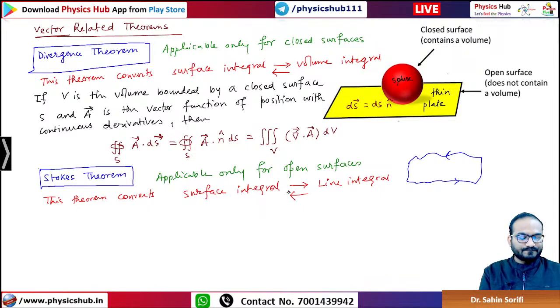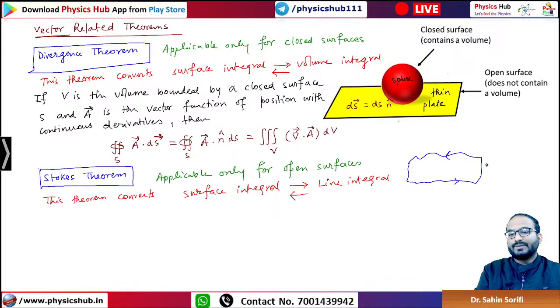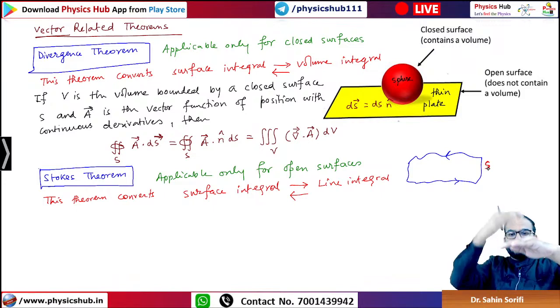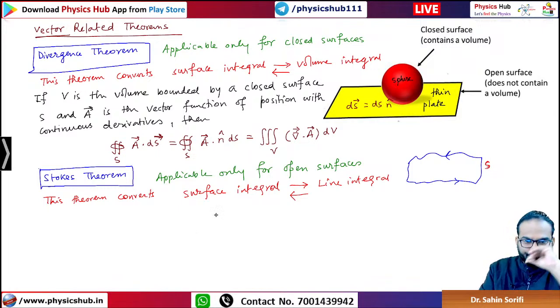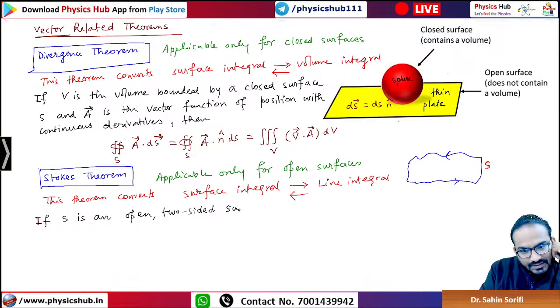On the other hand, if you consider an open surface S, how many sides will it have? An open surface will have two sides, one above, another below. So if S is an open, two-sided surface.